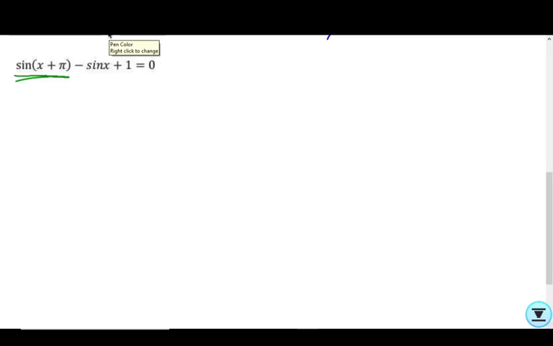So basically what we're doing here is solving using an identity, but this time the sine sum identity.